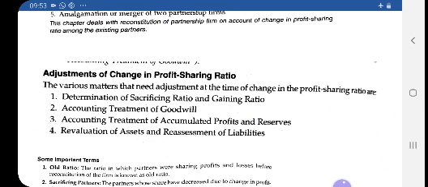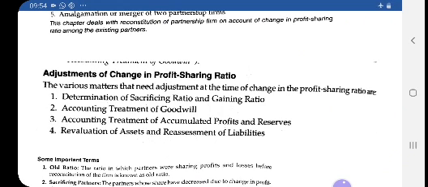First you have to know the present value of goodwill, and if it is given in the question, it's okay, otherwise you just apply the formula and calculate the value of goodwill, and then you find out the proportion of amount that is to be compensated by the gaining partner to the sacrificing partner.